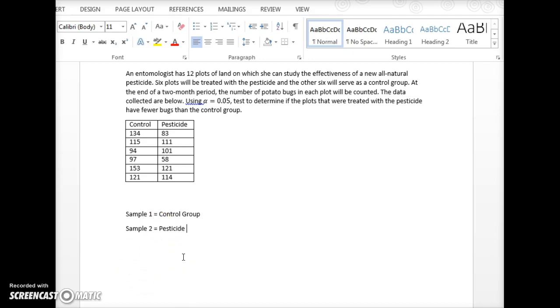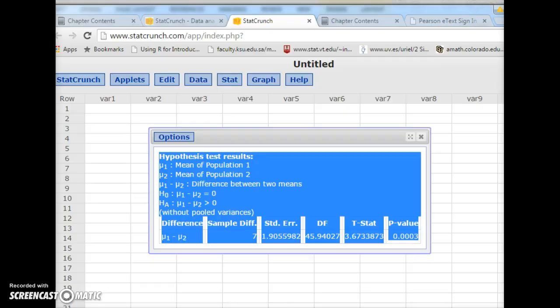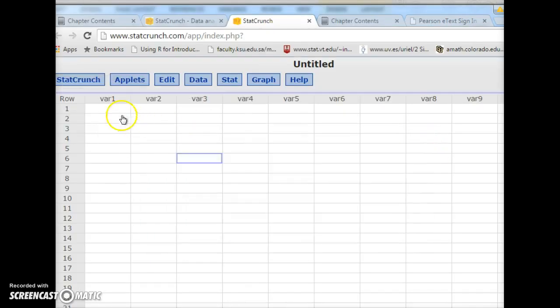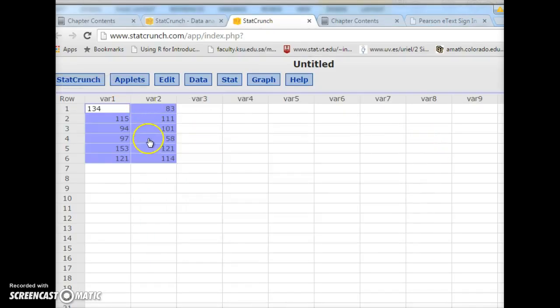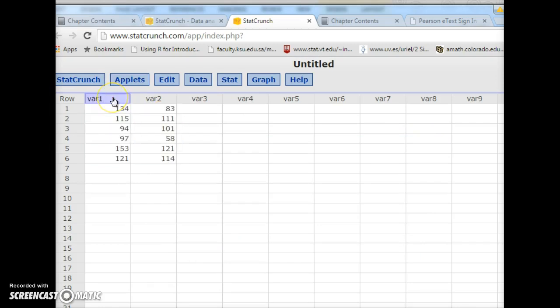So going over to StatCrunch again. Actually, we need to copy the data first. Just copy the values and not the variable names, control and pesticide, because we can't paste those. With Control C, Control V, we can then name the column heads. So that's control, and then this is pesticide.